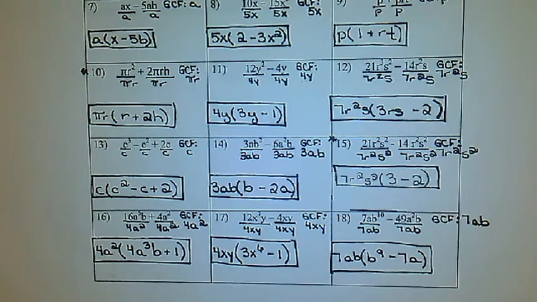Another one I wanted to go over was number 15. I know there were a lot of coefficients and variables. So just make sure that you did take out the entire GCF, which was 7r squared s squared. And you might have noticed your final answer had a 3 minus 2 in it.